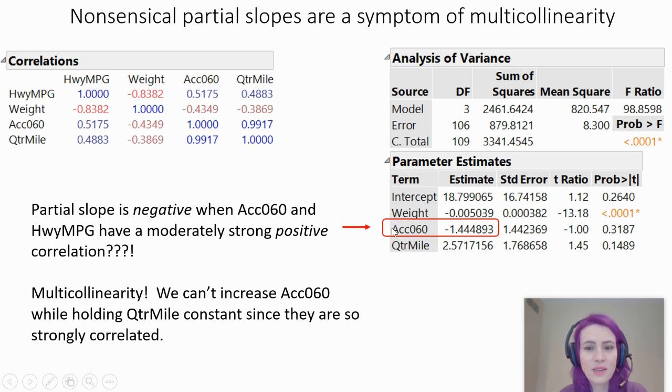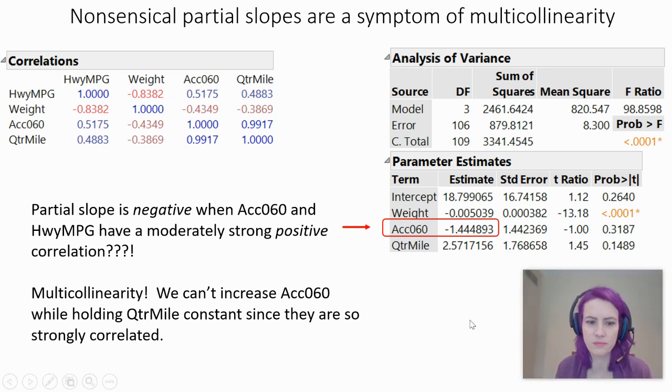So could you hold weight constant and find a car that takes one more second to accelerate? Yeah, probably. But could you have a car that takes one more second to accelerate and has no change in its quarter mile time? No. And think about it, it probably takes about a quarter mile to get up to 60 miles per hour. So they're almost the same thing, reflected by the really strong positive correlation coefficient. They're so tightly correlated that it just becomes impossible to hold one constant while changing the other.